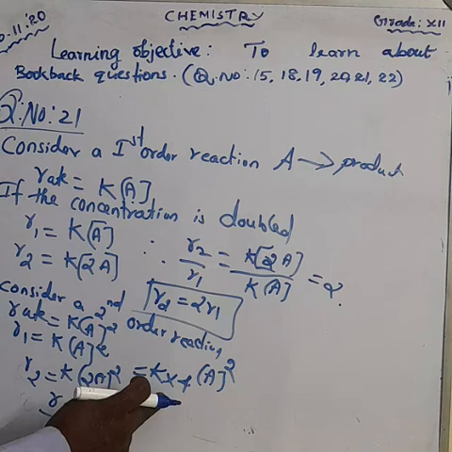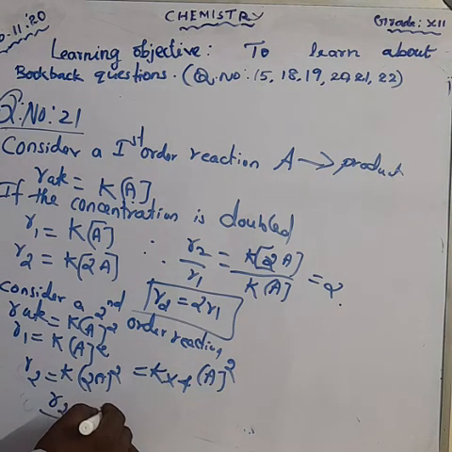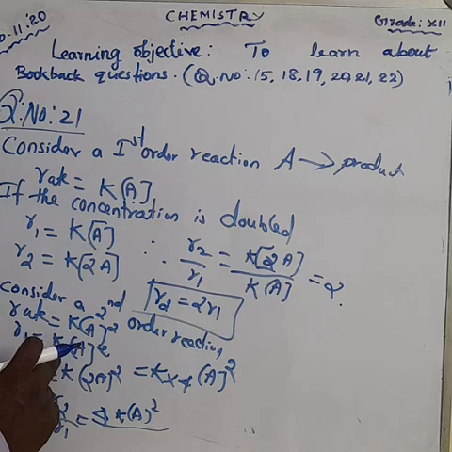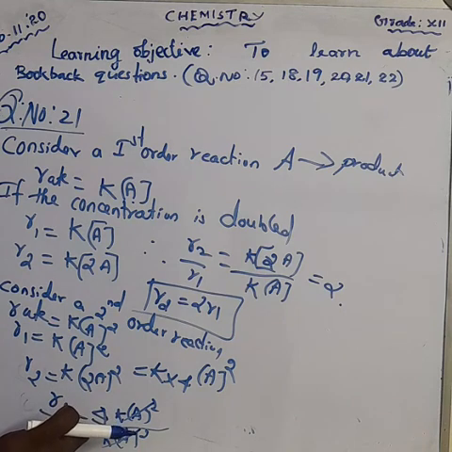K into 4A squared, so 4KA squared divided by R1, which is KA squared. So what's the answer? We get 4.